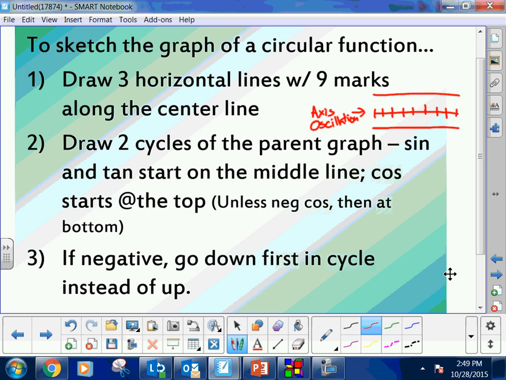Now, one of the interesting facts about why sine and tangent start at the midline actually comes from the unit circle. My initial starting point on the unit circle, what coordinate was this point? Remember, it was 1, 0, right?